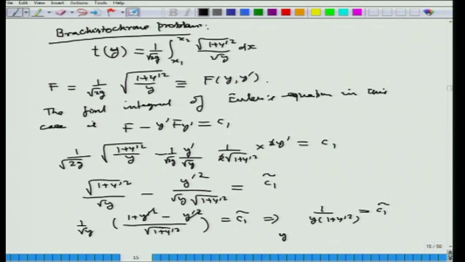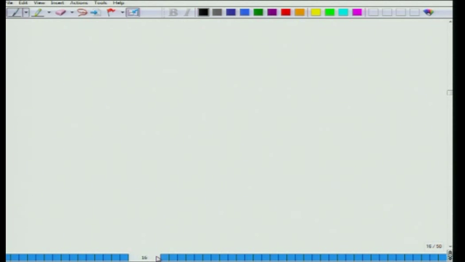it we get y into 1 plus y prime square equal to, let us say, constant a, where a is 1 over C 1 tilde. So, we get in this case y into 1 plus y prime square equal to a, and so y is a over 1 plus y prime square.